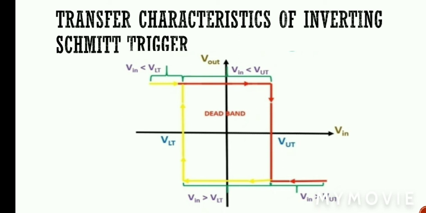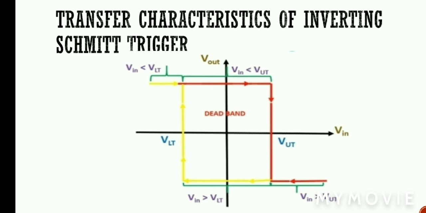Now we are talking about the transfer characteristics of the inverting Schmitt trigger circuit. So we apply the conditions which we have already derived. Whenever Vin is smaller than VLT, then output voltage is equal to positive saturation. Vin is smaller than VUT, then output voltage becomes positive saturation. Similarly, Vin is greater than VUT, then output voltage is negative saturation. And here we have lower threshold voltage and upper threshold voltage, and here we have a curve.